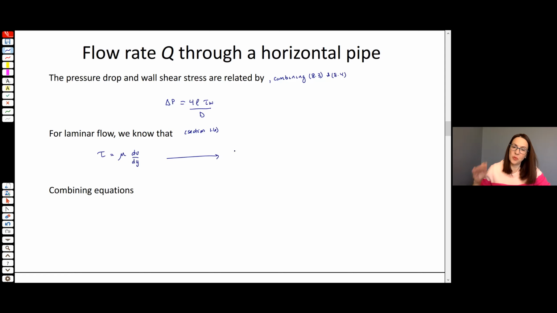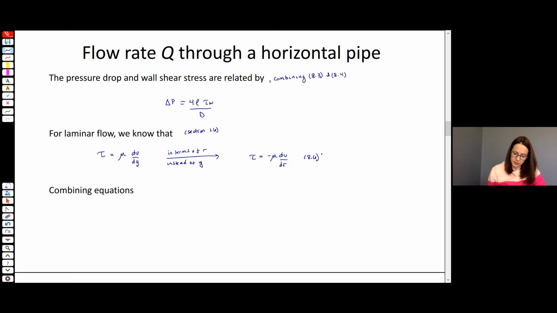If we now put this in terms of r and not y, we get that tau is equal to minus the viscosity du dr. And this is equation 8.6.